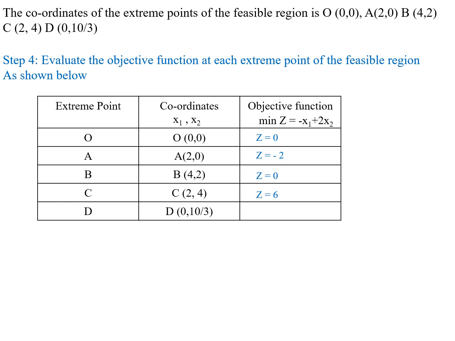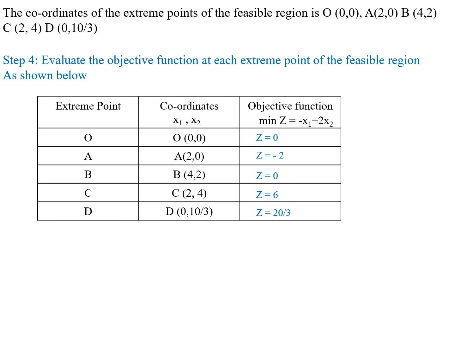And finally we substitute the D point's coordinates, that is 0, 10/3, in the objective function. Then we get the z value as 20/3.